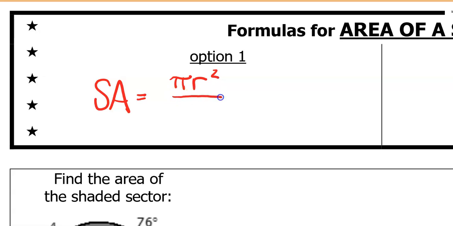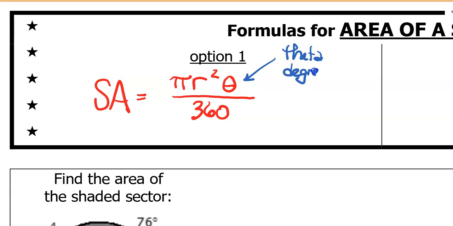So I'm going to make a fraction. Out of 360 degrees, my slice has theta degrees. There's that symbol again. Theta is just something measured in degrees. So whether it's the central angle of your pizza slice or the measure of the arc, it's just something measured in degrees.